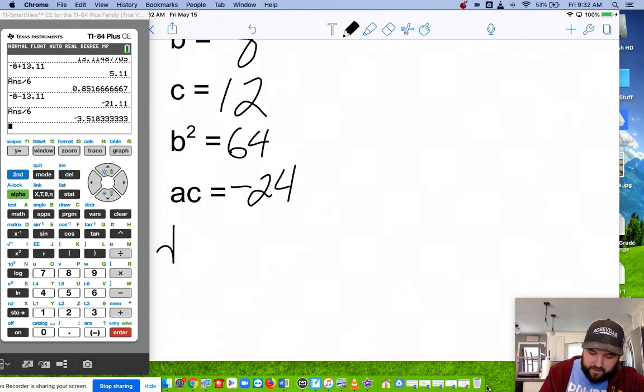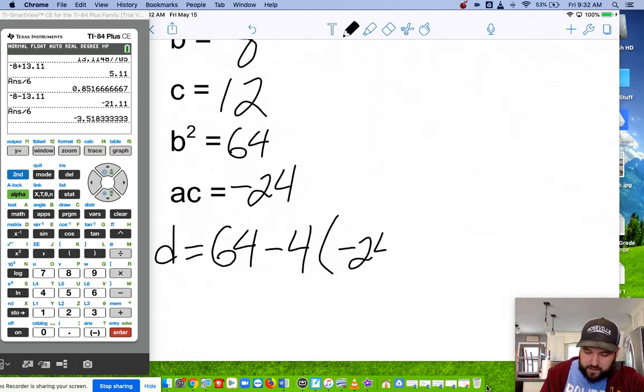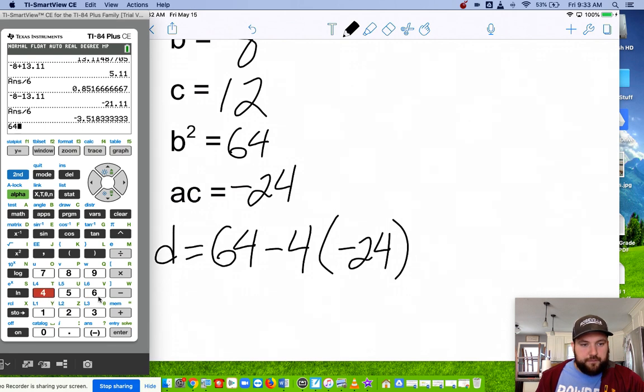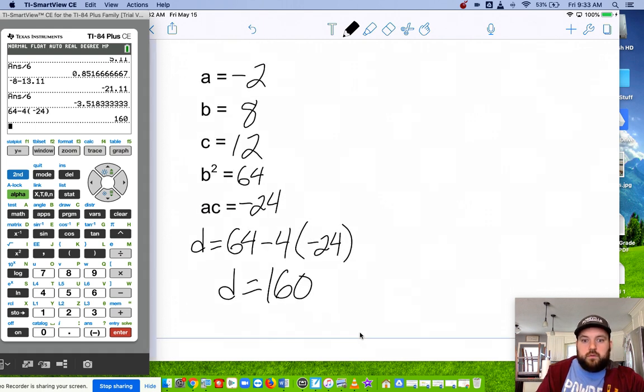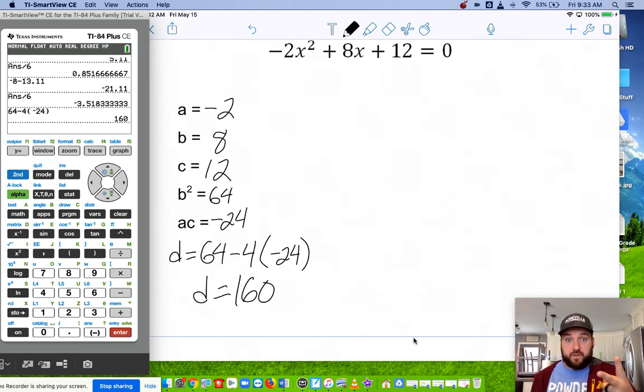So now I'm going to find the discriminant, which is b squared, 64, minus 4ac, and ac is negative 24. 64 minus 4ac gives me 160. What that tells us is I will have two solutions because the discriminant is a positive number.